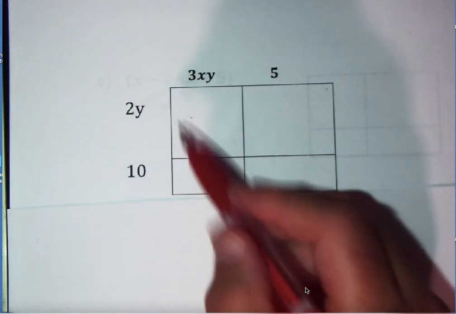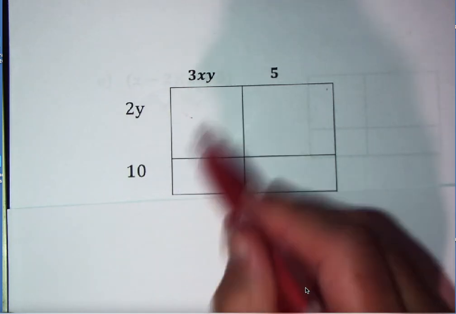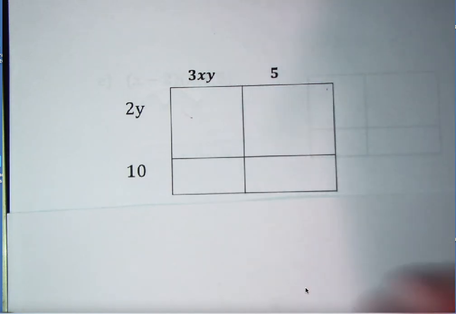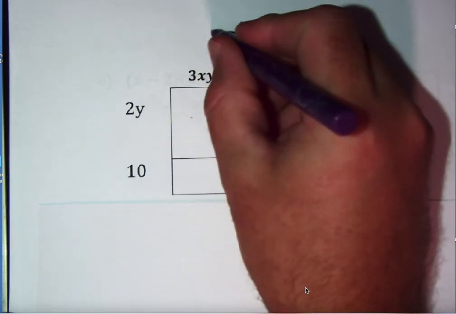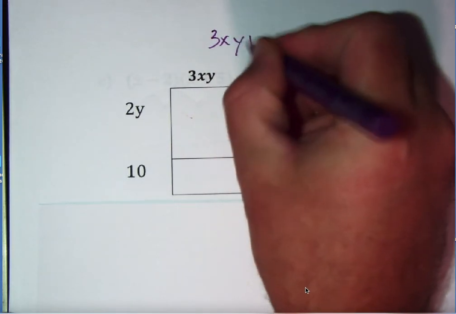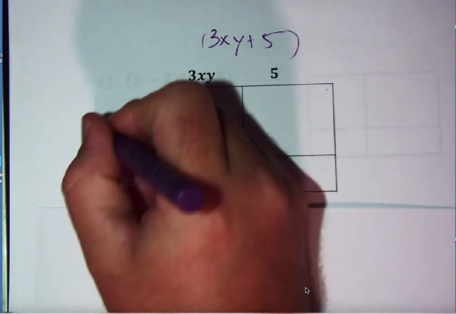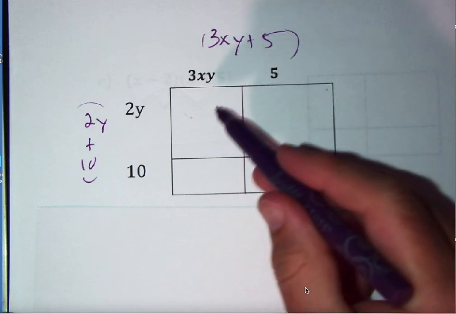So it's not just 2y, but 2y plus 10. And now we have four rectangles that we can find the area of. So 3xy plus 5 times 2y plus 10, we can represent like an area model.